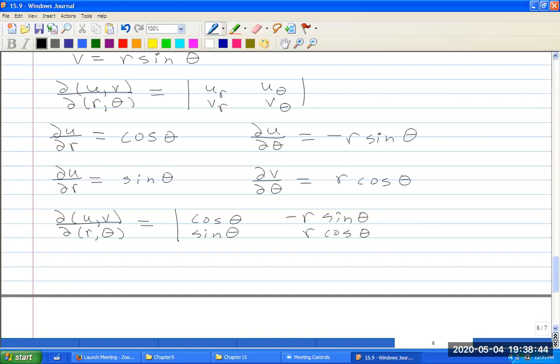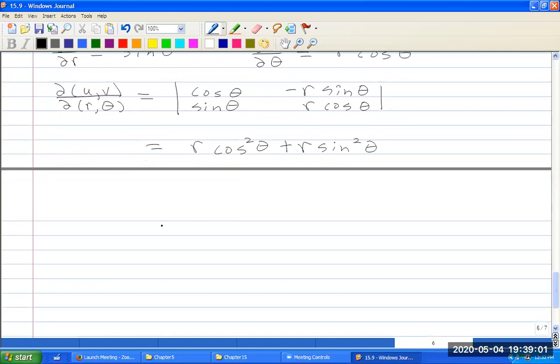So this is equal to r cosine squared theta, minus minus becomes a plus, r sine squared theta. And so we get this magic factor of r. Okay, good, which is what we wanted.